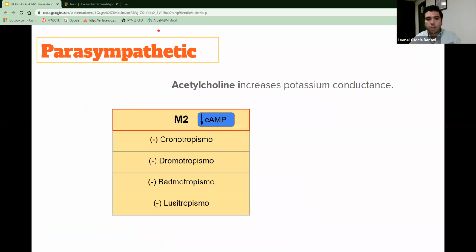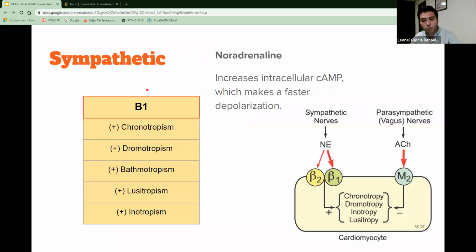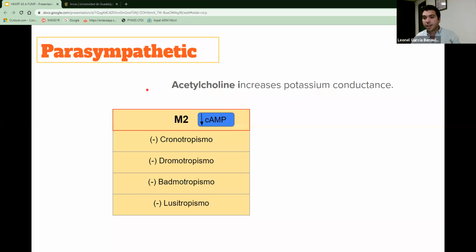Parasympathetic, as we know, works through acetylcholine, which is going to increase the potassium conductance. So what does potassium do to the cardiac cell? It shortens, it makes the current of calcium slower, and it decreases cyclic AMP.